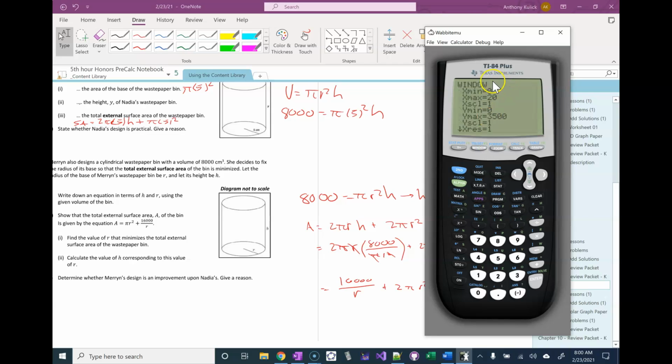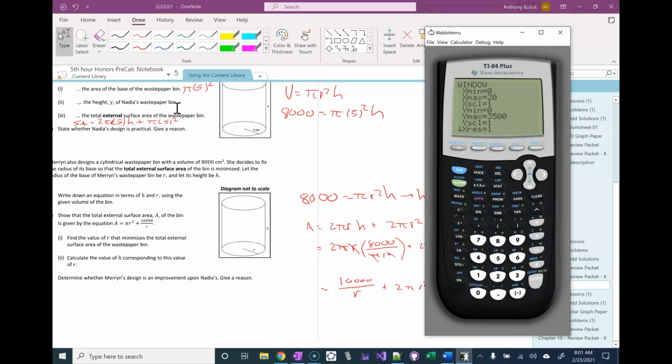From the previous problem, I know that if r is 5, then the total external surface area was about 3,500. My surface area can't be worse than that if this is going to be the minimum, so I'll choose that as my upper bound for the y.